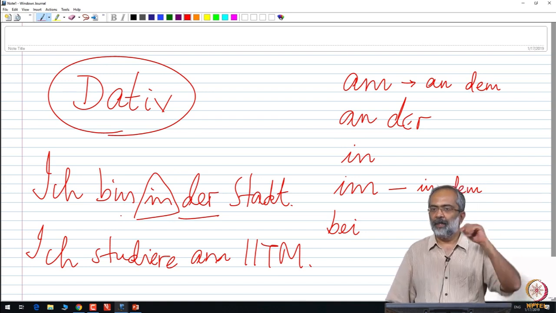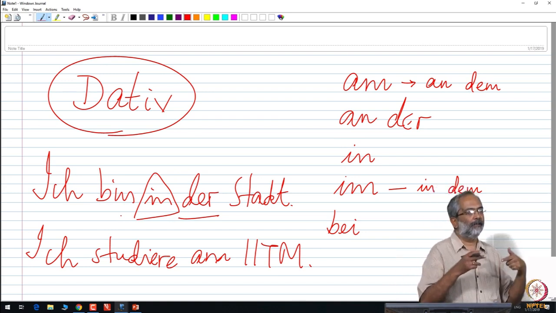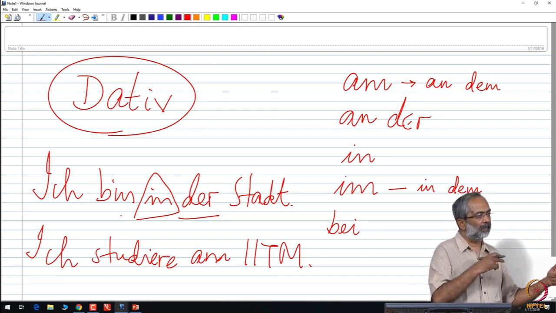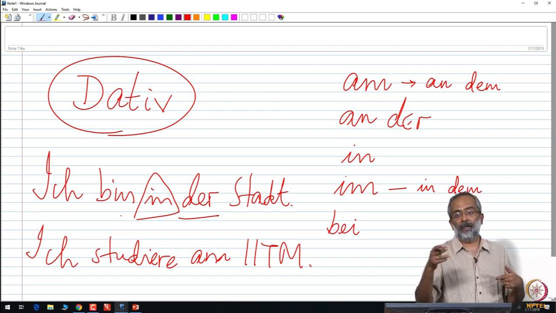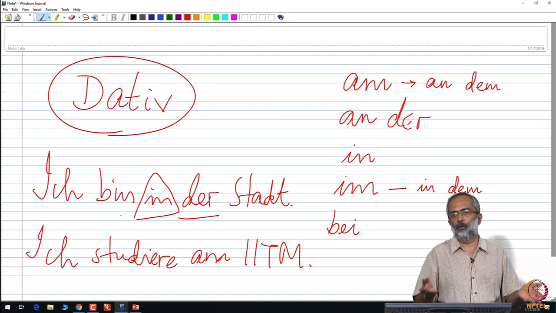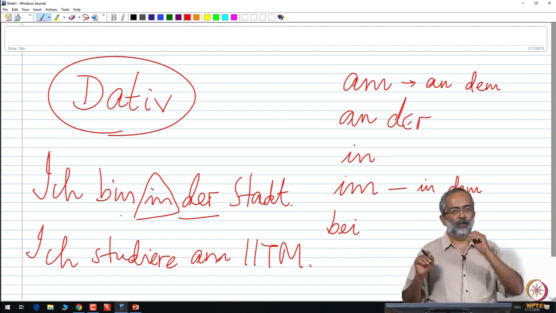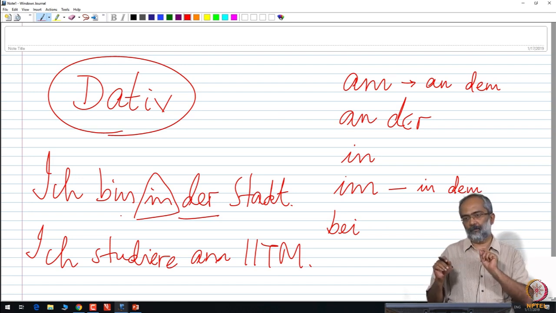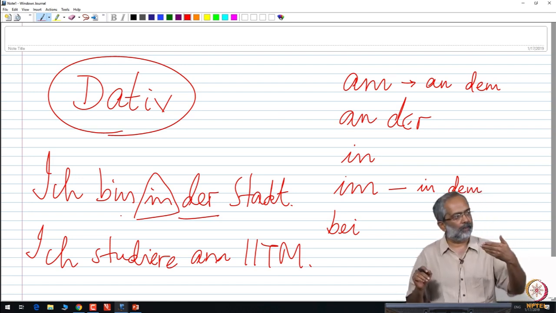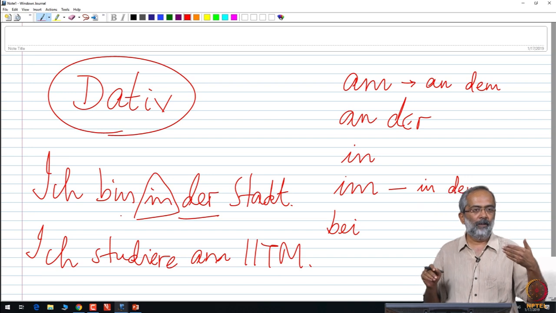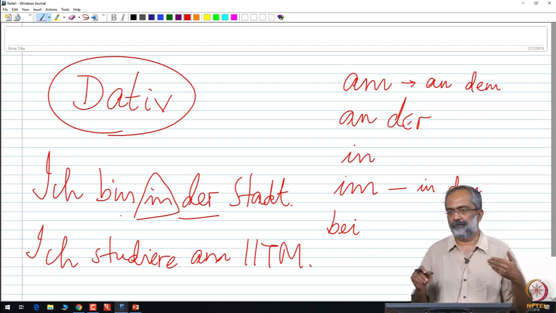There's a difference, because in the first sentence there's a movement, that's why you say into. In the second sentence there is no movement, you are in the room. This difference in German is made apparent through accusative and dative.